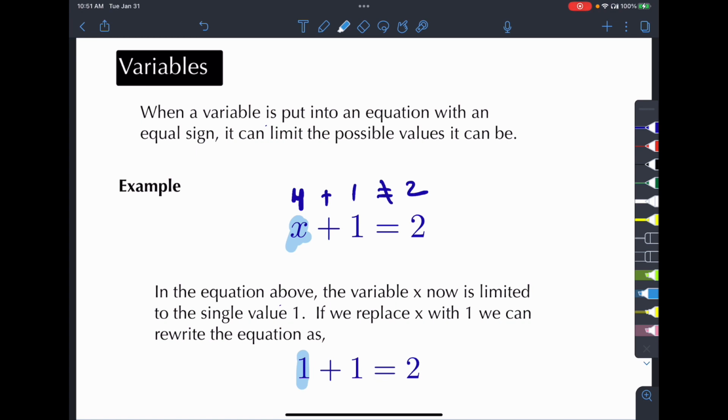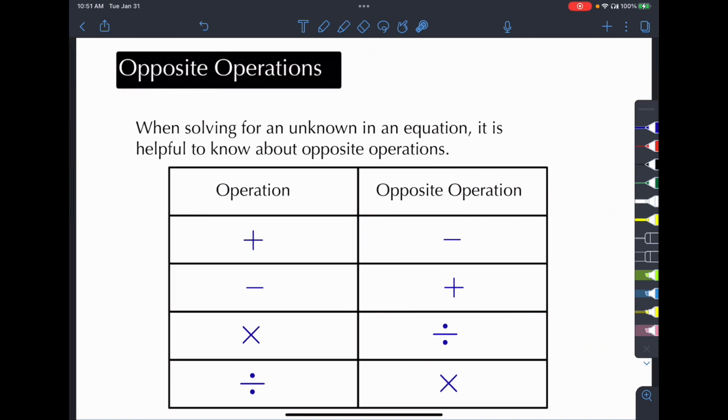A lot of the time when you're asked to solve an equation, the goal is to figure out the value or values that x could be. Maybe before we learn a step-by-step process, why don't we quickly talk about this idea of opposite operations? This is going to be pretty useful in what we're going to do next. We have our usual four operations here: addition, subtraction, multiplication, and division. For each of these, we have something that I like to call its opposite operation.